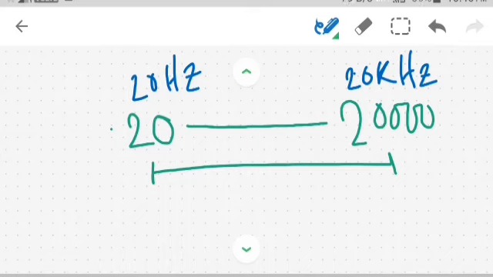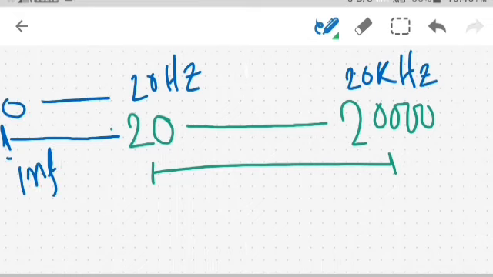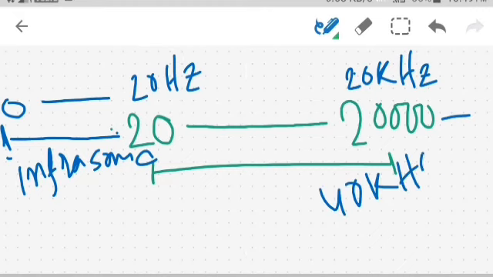Now, if some object is below this range, suppose 0 to 20, then it is called infrasonic. And beyond 20,000 hertz, it is called ultrasonic range. There are some animals who can hear the ultrasonic waves. Ultrasonic means beyond 20 kilohertz, maybe 40 kilohertz.